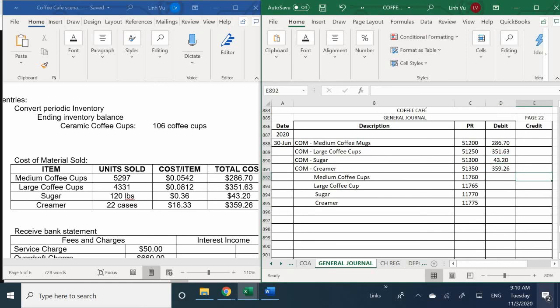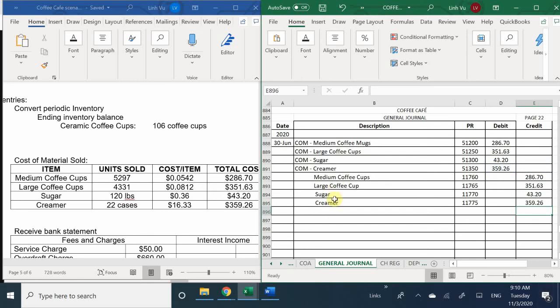And those numbers are going to be exactly identical, because that's how much we're going to be decreasing in each account. Right? There you go. Okay.